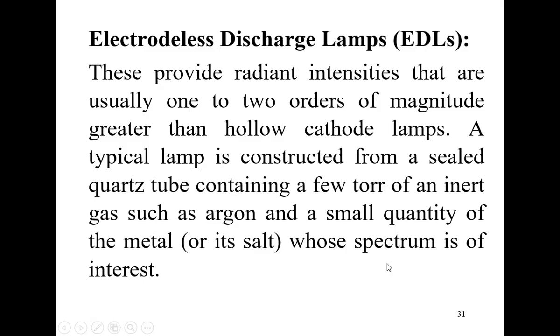Remember, for the electrode-less discharge lamp, you have a small quantity of the metal or the salt, and that is what you're interested in. In the same way as the hollow cathode lamp, you have these electrode-less discharge lamps of different elements to provide the characteristic radiation.